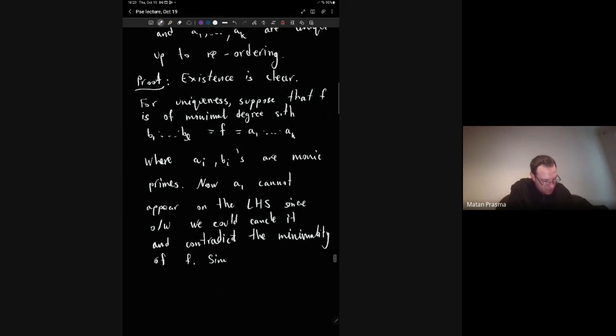Similarly, B1 cannot appear on the right-hand side.